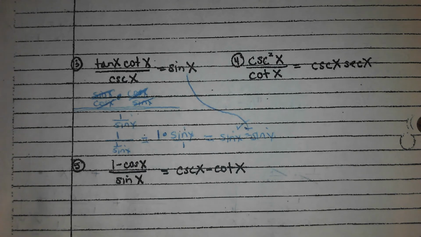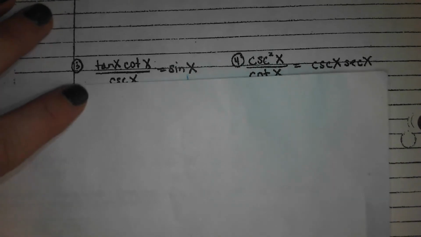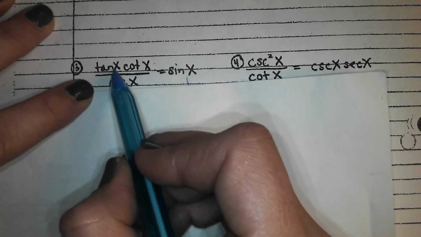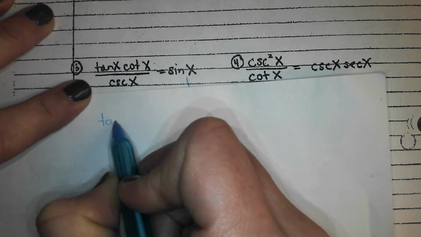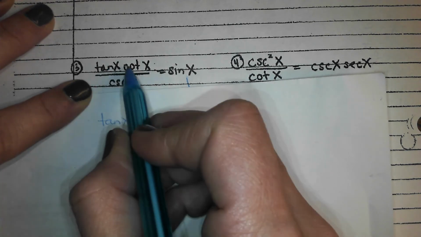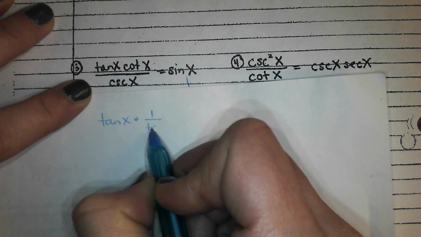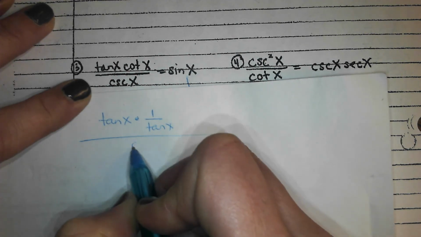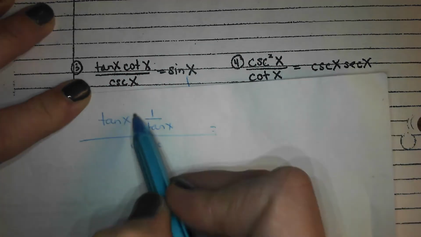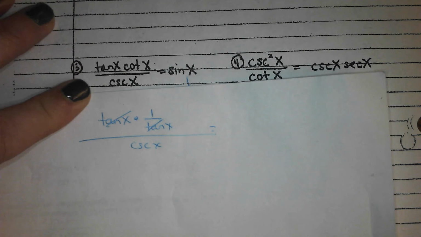Okay, so a little bit of the possibility of complex fractions. The other thing I was thinking on this one was, rather than doing sines and cosines, if I realize this, tan of x times the cotangent of x, and cotangent is 1 over tangent. See how that would just become 1 anyway?